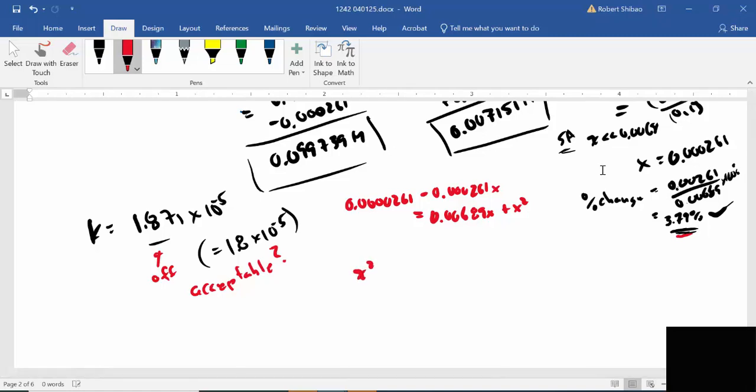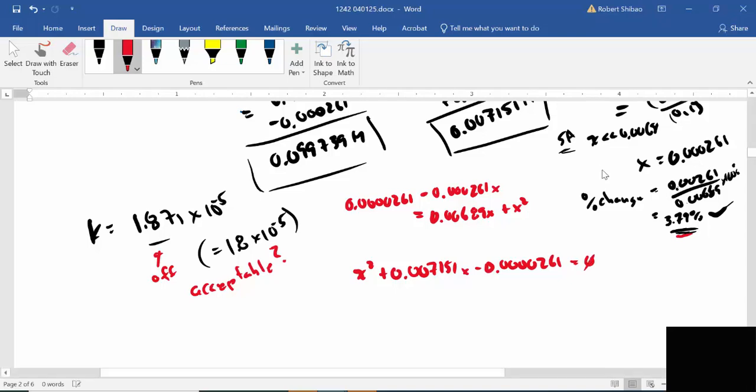Then I have to add 0.00261 to 0.00689, which is 0.00751. So this will be plus 0.00751x minus 0.00261 is equal to 0.